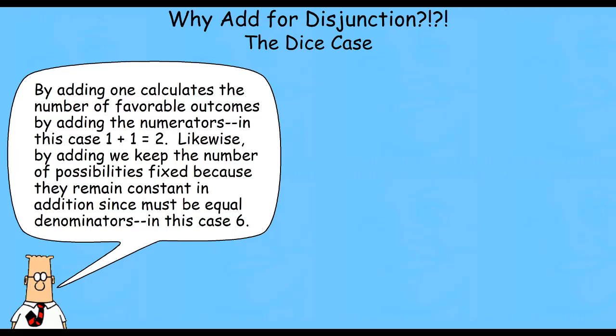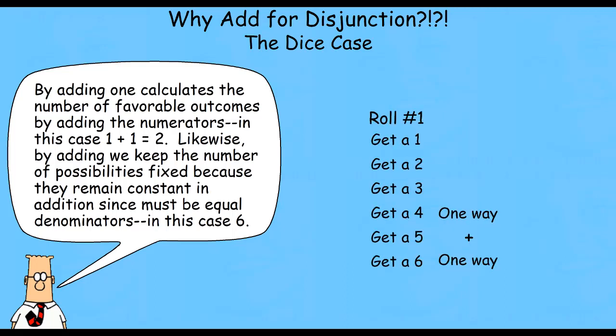You don't change the denominators other than to make them the same. And so they remain constant, and hence we have a denominator of 6. And so we get 2 possibilities that are favorable and 6 total possible outcomes when we add our simple probabilities.